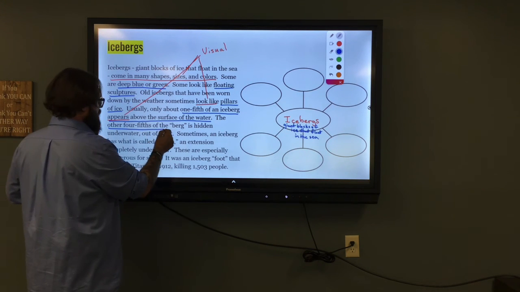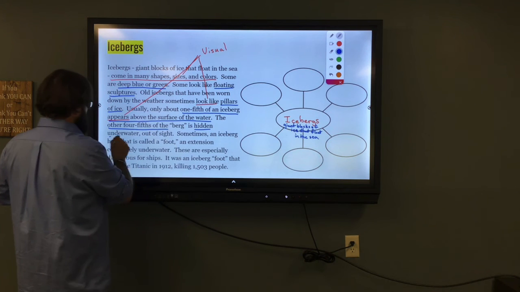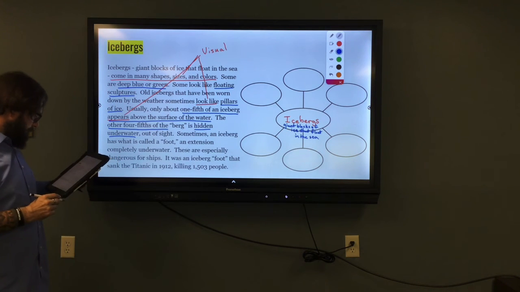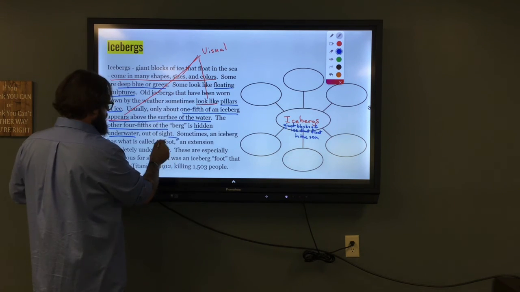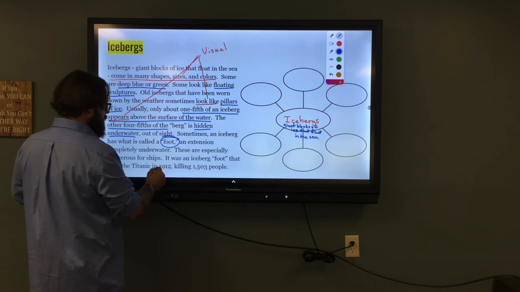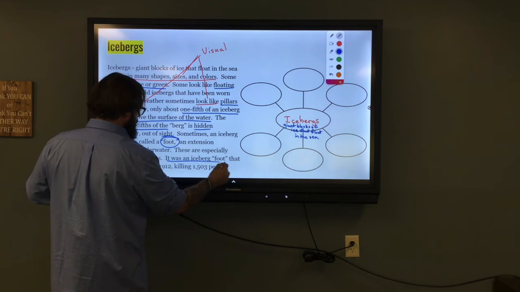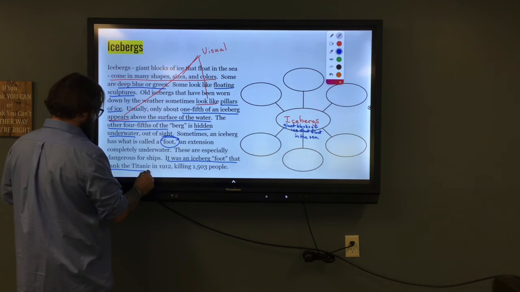Other 4/5 is hidden underwater. And then we find out about a thing called a foot, and it was an iceberg foot that sank the Titanic.